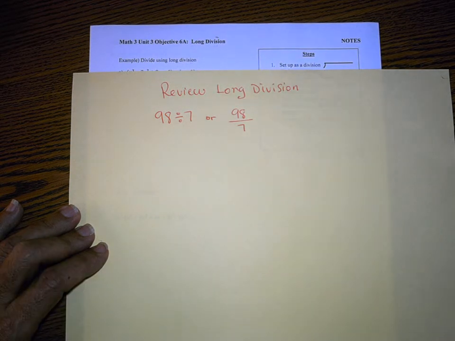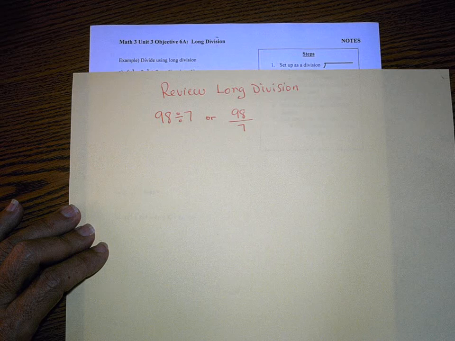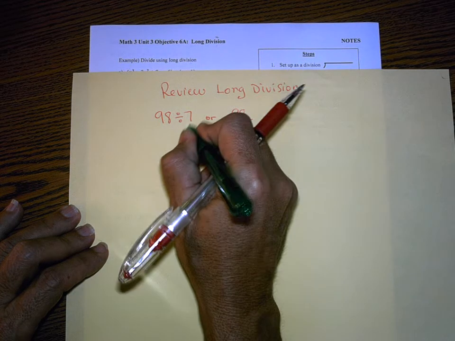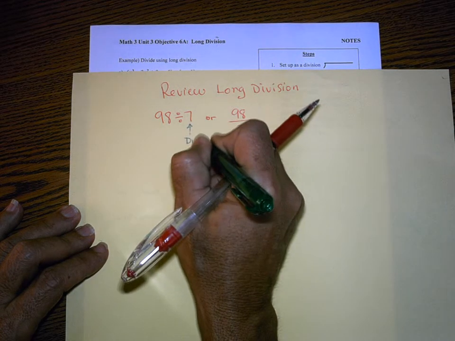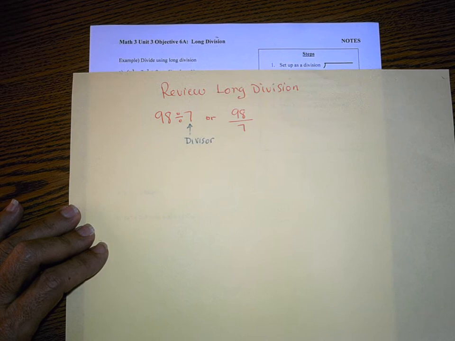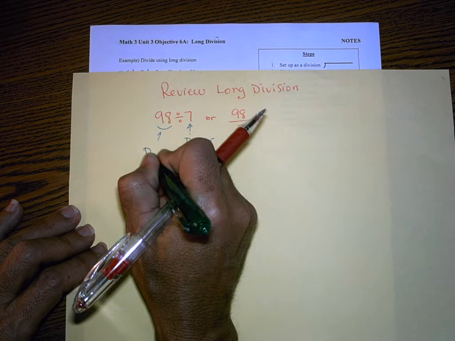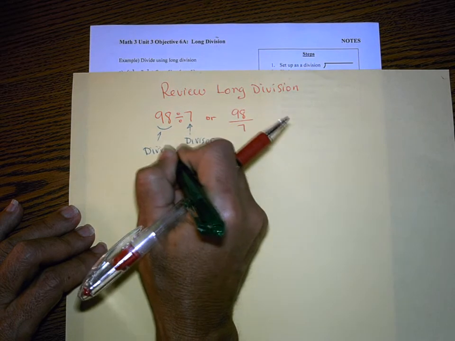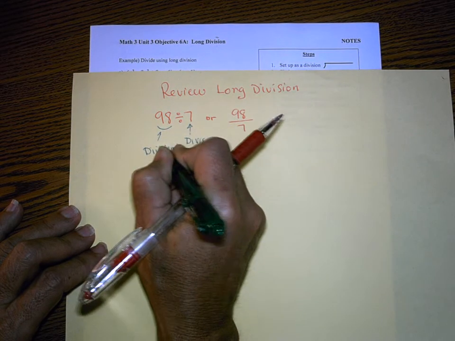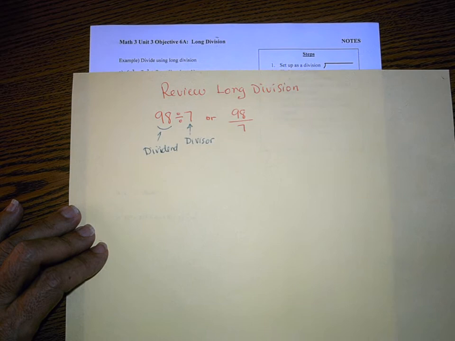Remember what these values are called. Each one has its own name. This number 7 is called the divisor. I'm always going to refer to it as our divisor. The 98 is called our dividend. It's probably those terms we forgot from a long time ago.